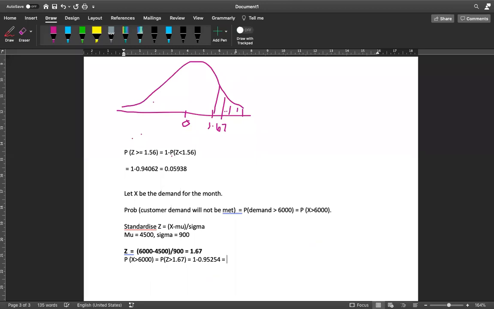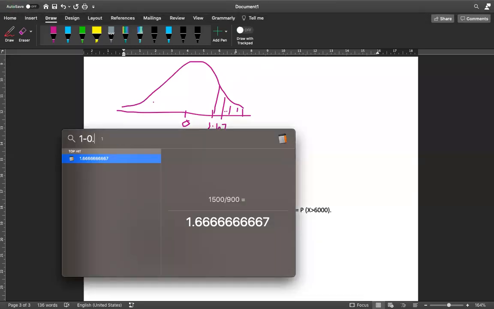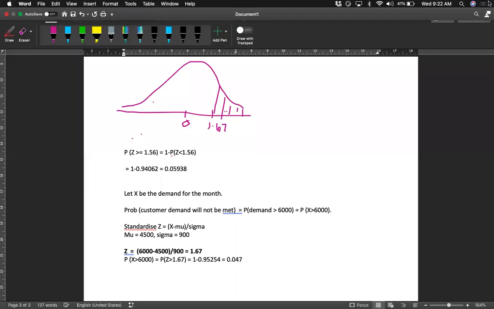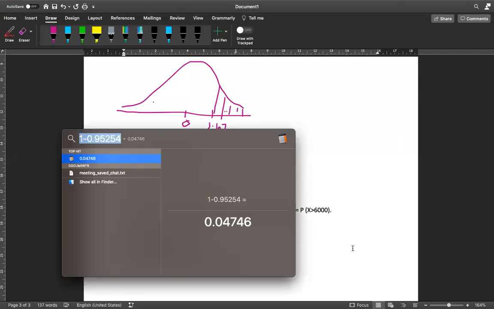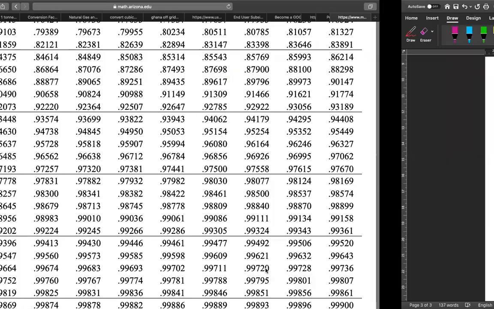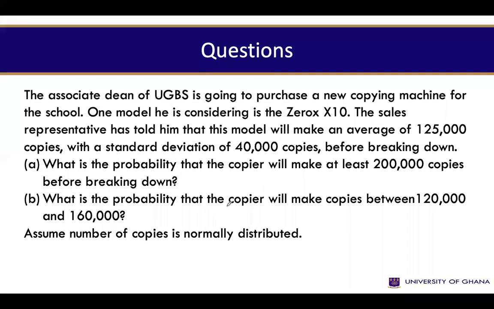What's the resulting value? So 0.047 something, 0.0475. So basically that is the probability that the person's order will not be met.